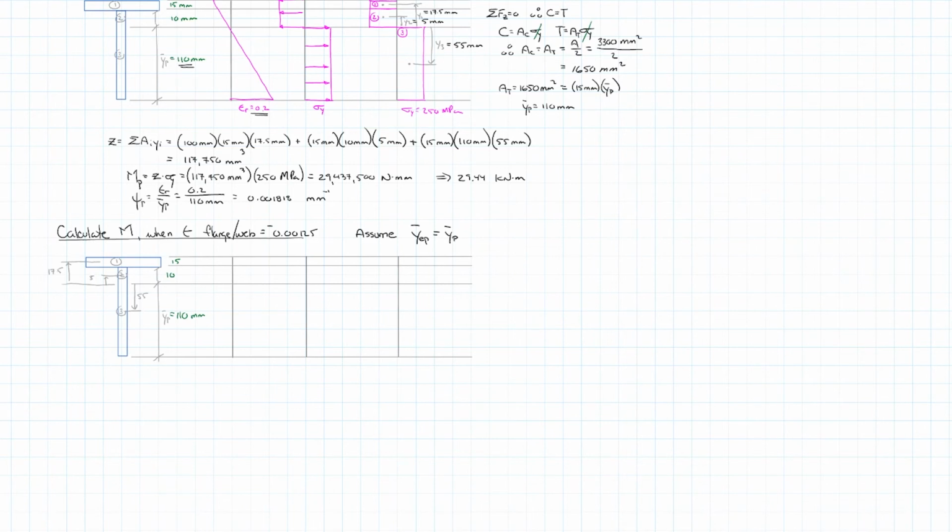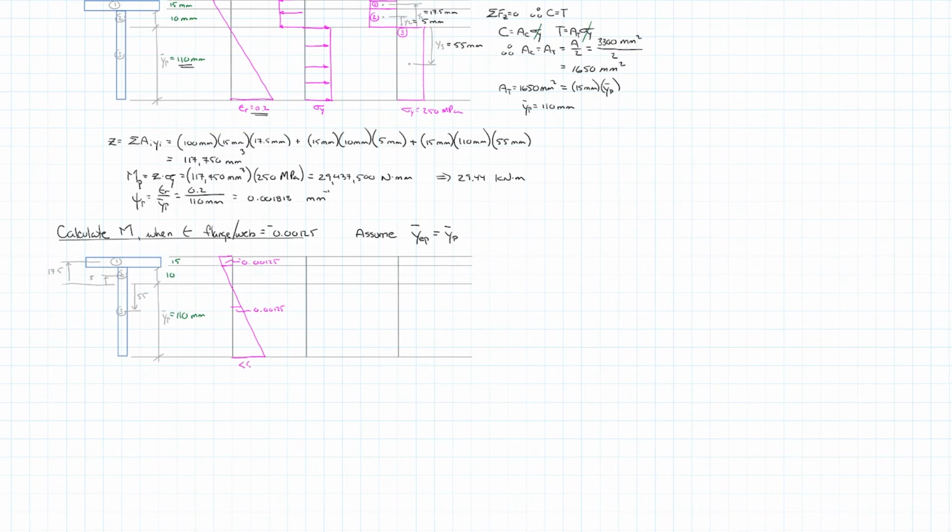So like before, the first thing I want to do is draw in my strain distribution. It stays linear, as it does in all cases here. And the difference here is that we know that this strain in here is equal to negative 0.00125. And at an equal distance from the plastic neutral axis, it will be equal to positive 0.00125. And we don't necessarily know what the strains are at the extreme fiber.